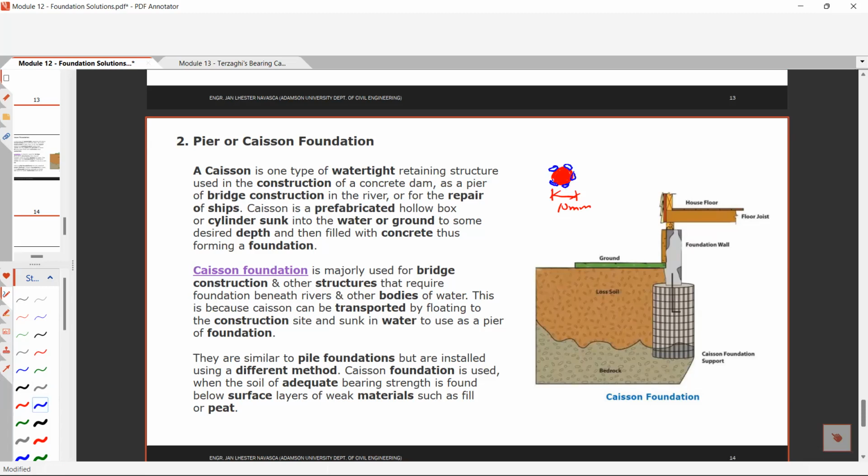Tama? Minsan according doon sa nabasa ko, minsan maabot yan ng mga 15 to 16 mm. Parang almost 1.5 yung nilalaki. Minsan daw may 2. Okay, so lumalaki yan, nag-expand.